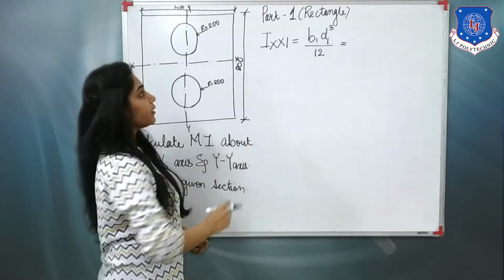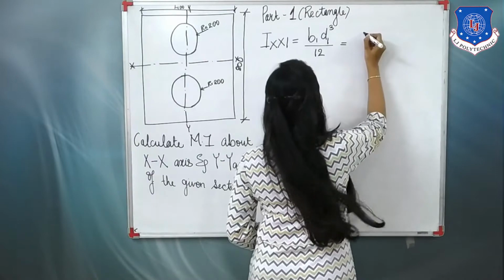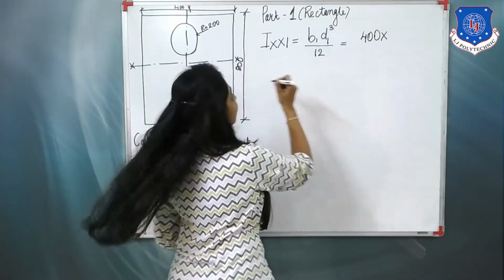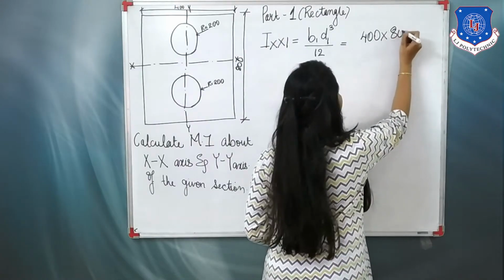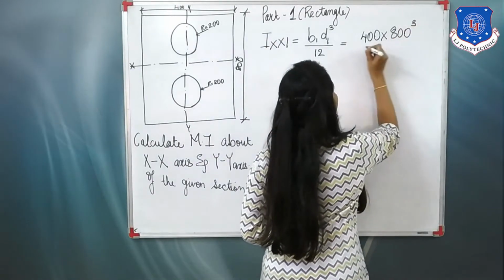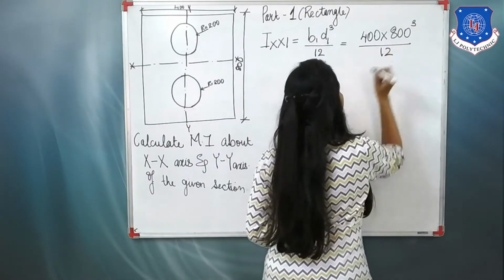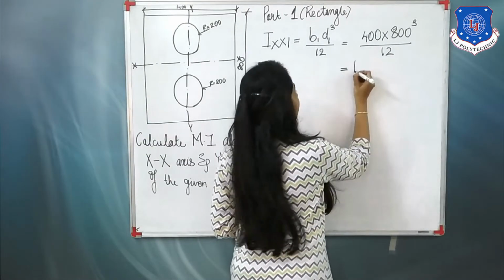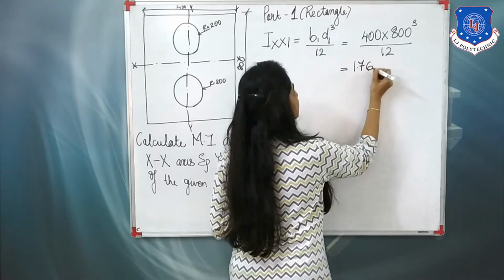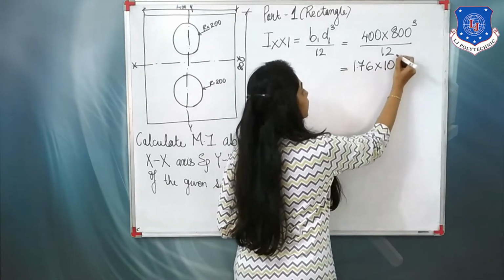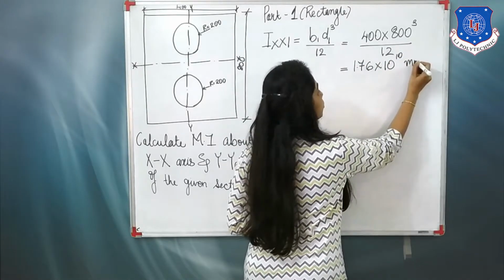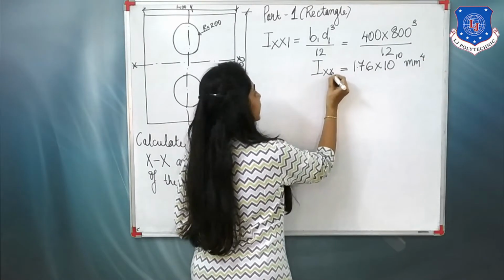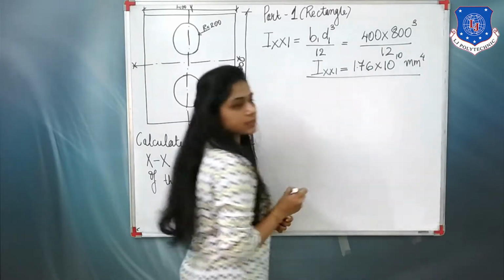Here my B1 is 400 and D1 is 800, cube upon 12. So here I get my answer as 1.76 into 10 raised to 10 mm raised to 4. So the answer for Ixx1 is this.